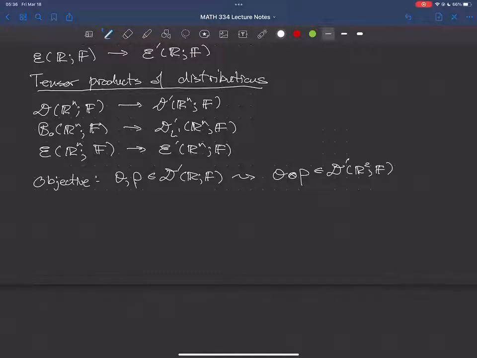Now each of theta and rho take a test function, which is a function of a single variable. So the first thing you want to do to understand this construction is to see what the relationship is between test functions of two variables and test functions of single variables. It's not clear what that statement means, but here is what it means.